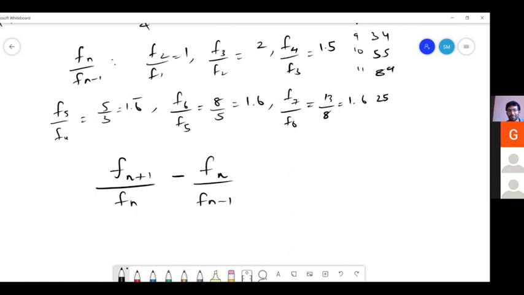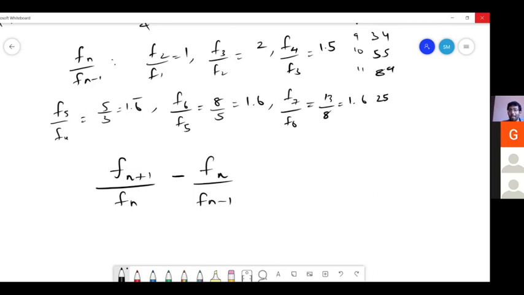We can calculate, for example, taking n equal to 5. If n is equal to 5, F6 by F5 is 1.6. One way is by having simple empirical data. So from empirical data, we can make this observation that it's going closer and closer.